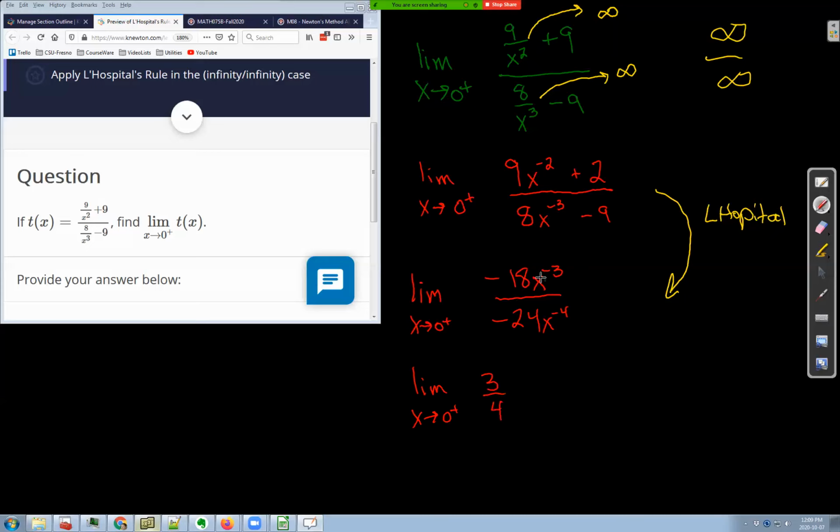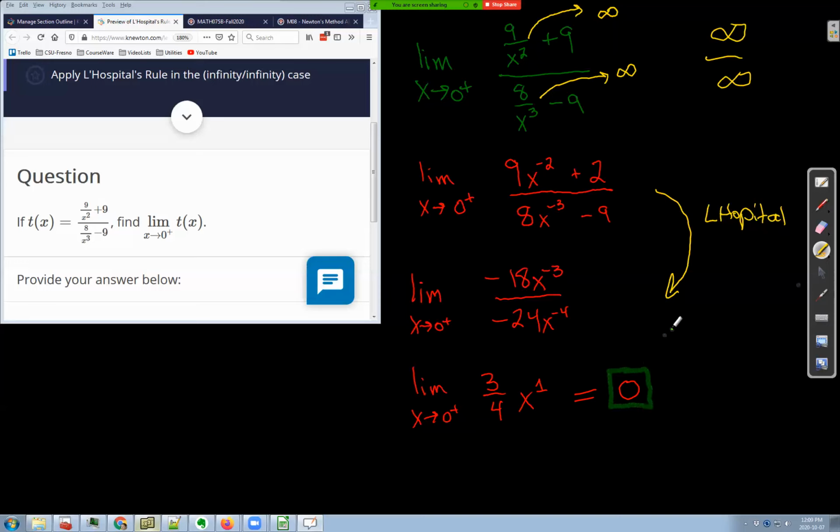And then x to the negative 3rd divided by x to the negative 4 is the same as just x to the 1, because you subtract exponents, and negative 3 minus negative 4 makes positive 1. And now it's safe to plug in 0, and you just get 0. And that is the answer.